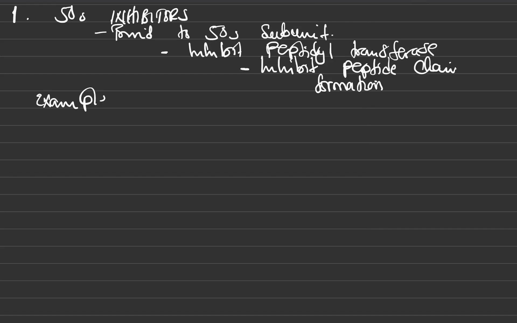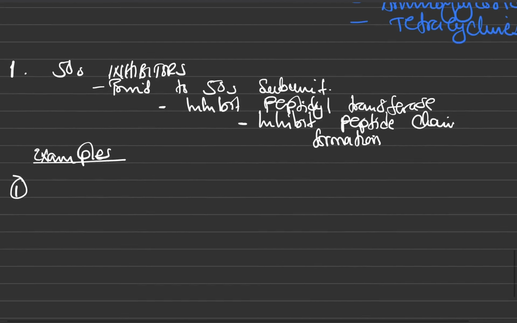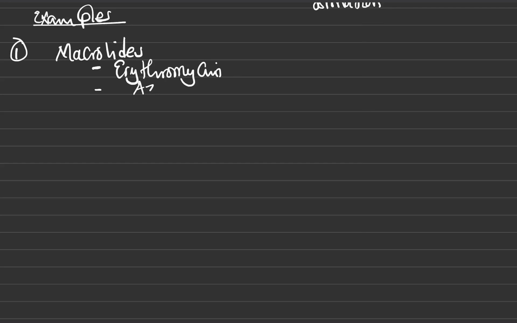Examples of 50S inhibitors. One, which ones did we list here? Macrolides. Examples of macrolides we have erythromycin, azithromycin and clarithromycin.